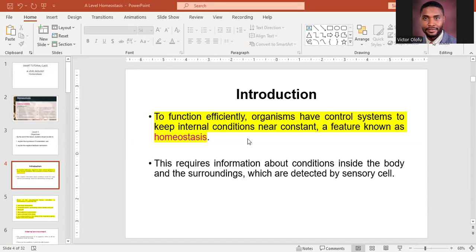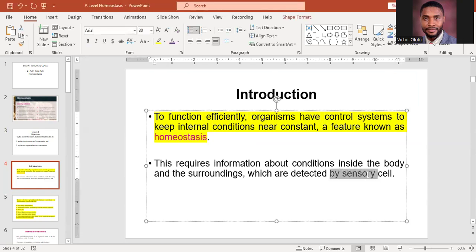Now, this requires information about conditions inside the body and the surroundings, which are detected by the sensory cells. If there's a rise in temperature, the sensory cells will detect it. So these sensory cells play an integral part in homeostasis.